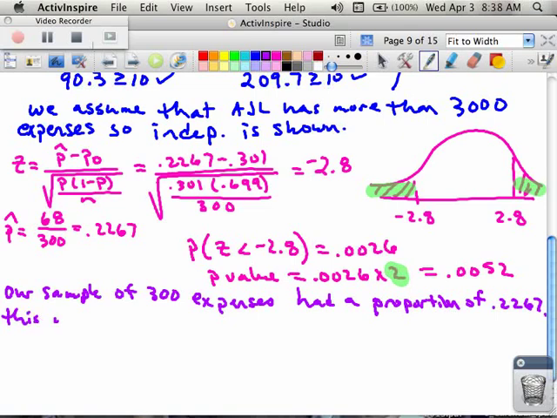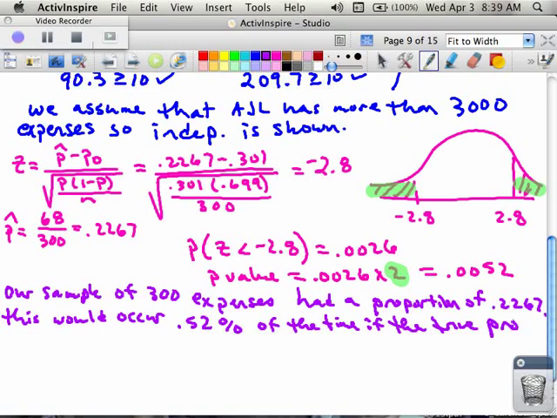This would occur 0.52% of the time if the true proportion was 0.301.